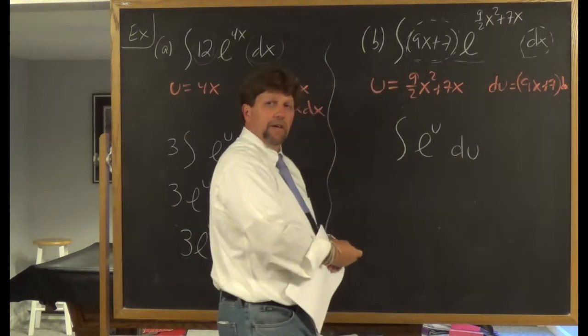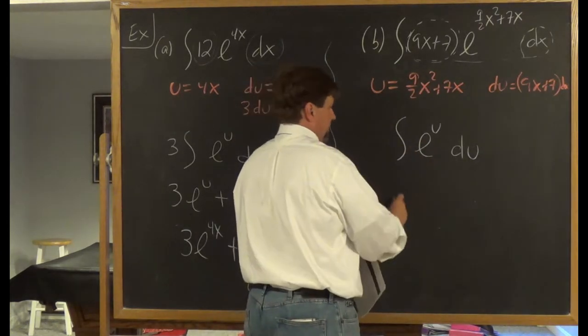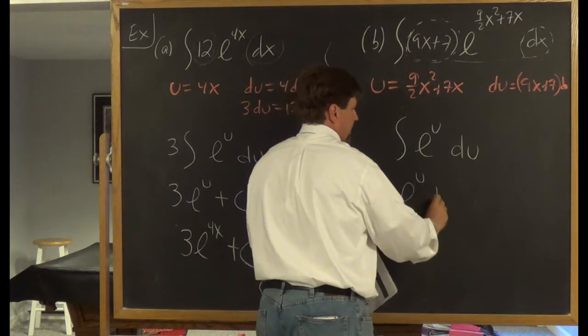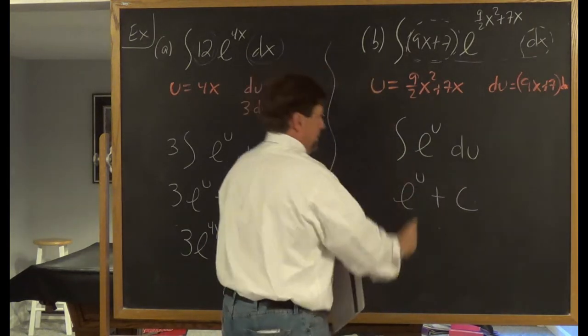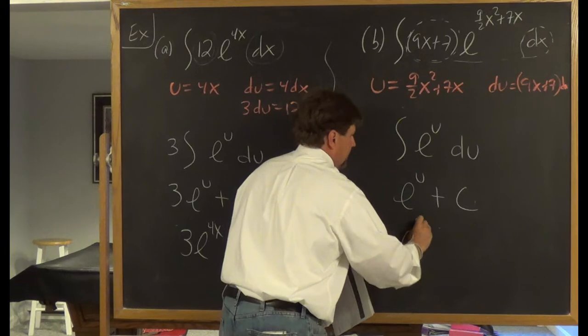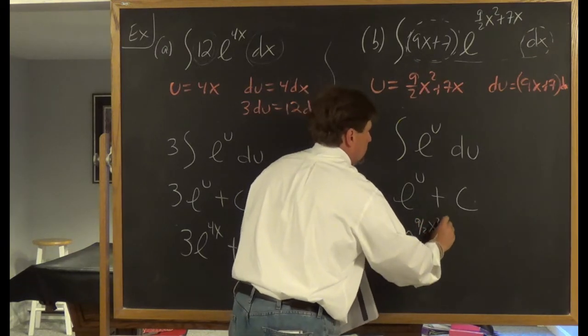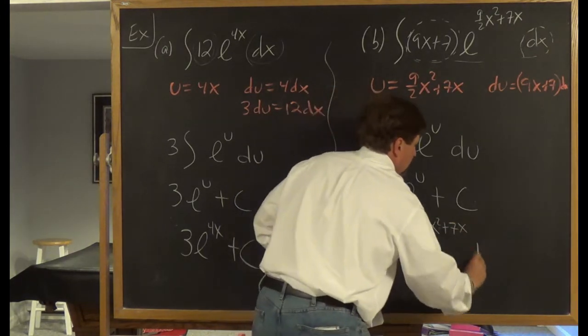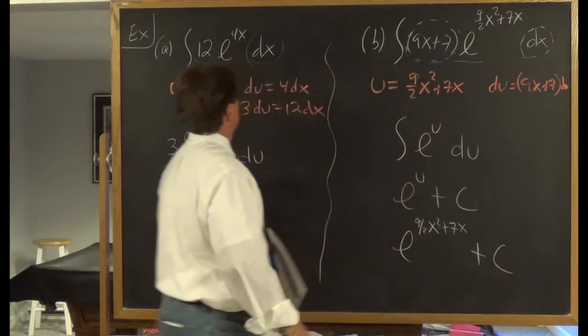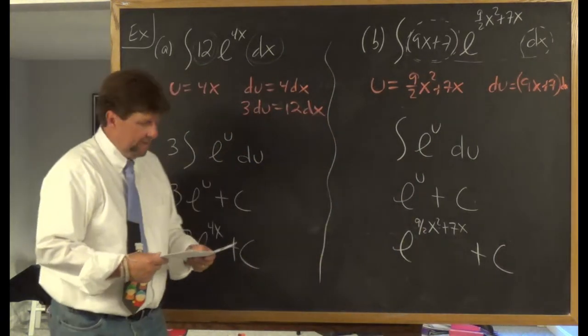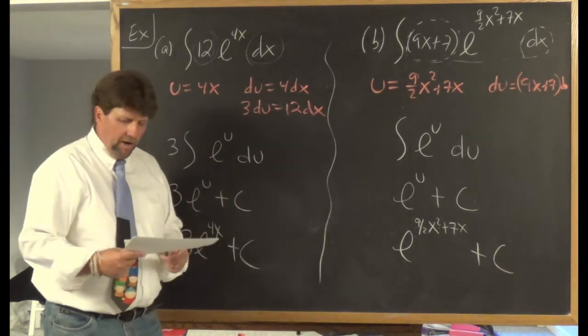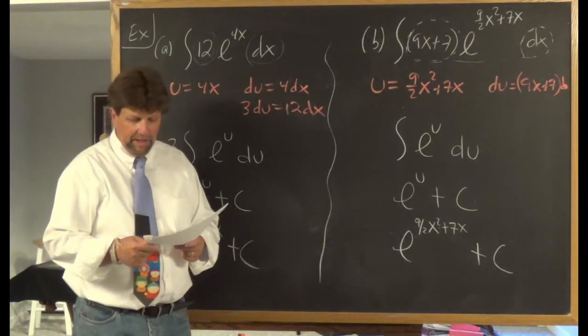And it really don't get much easier than that. The antiderivative of e to the u is e to the u plus c. Resubstitute: e to the 9 halves x squared plus 7x plus c. And that's all there is to part B. So there, we've done part A, we've done part B.